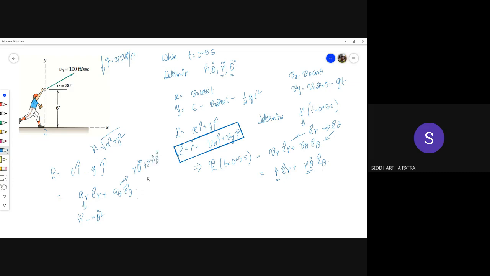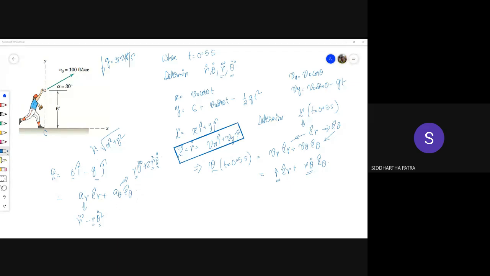By now, with comparison of the velocity components, you already know the first derivatives and also the radius. Knowing the Cartesian components of acceleration, you can determine r double dot and theta double dot.